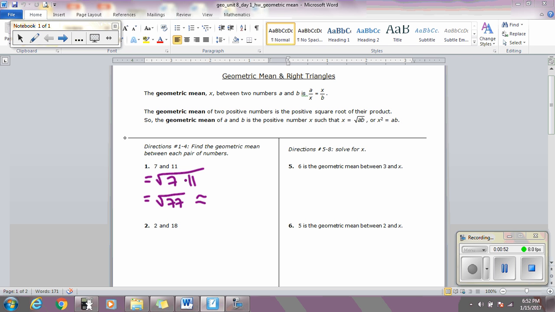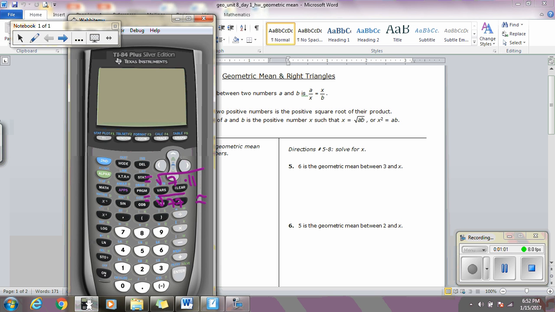And if we grab our handy dandy calculator, the square root of 77 is about 8.8.